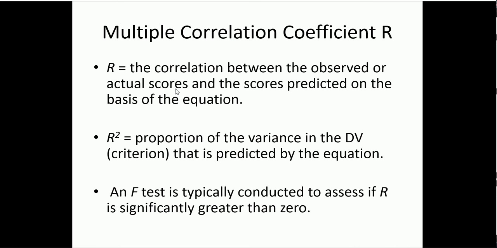If you have an R squared value of 0.5, it means you predicted about 50% of the criterion, and so on. So it's a pretty easily interpretable value for understanding how good your equation is.